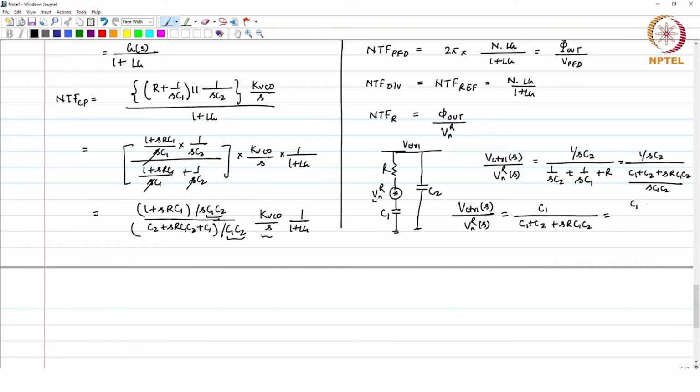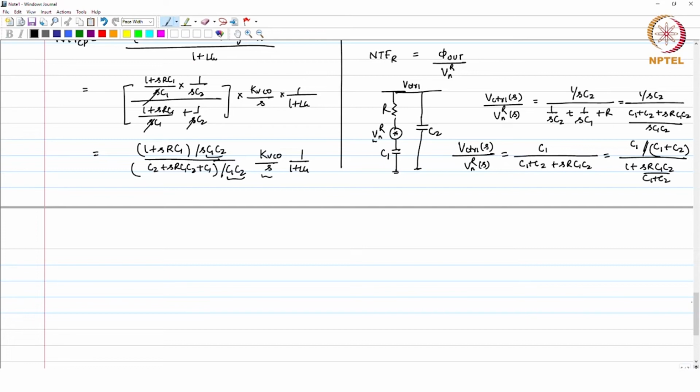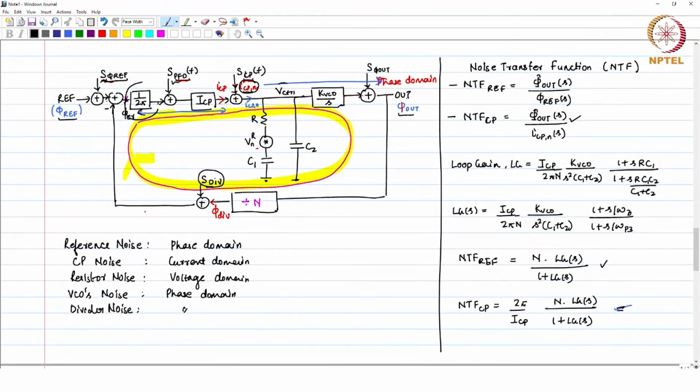If we put it in perspective like this, it is C1 divided by C1 plus C2, times 1 over 1 plus SR C1 C2 by C1 plus C2. So from VNR to V control we get this. Then what we need to do is find from V control how we get phi out.